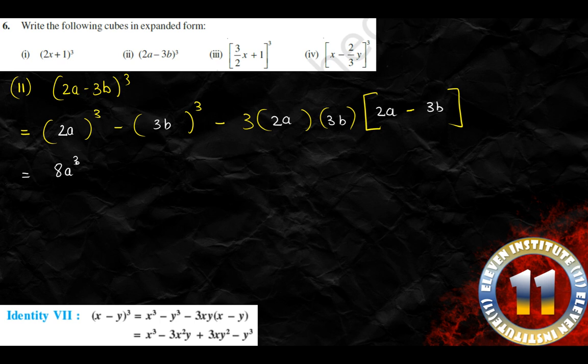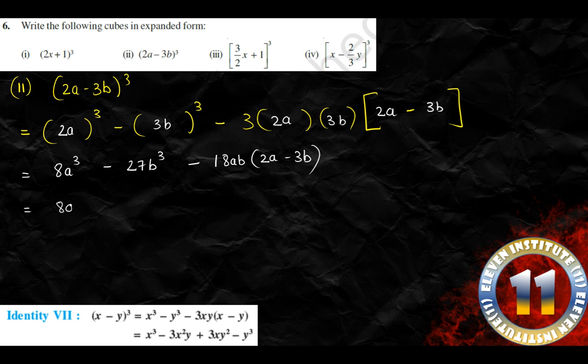So we have 8a cube minus 3 cube is 27. So here we have 27b cube minus, multiply these 3 2s are 6, 6 3s are 18. So over here we have 18ab and this will be multiplied by 2a minus 3b.